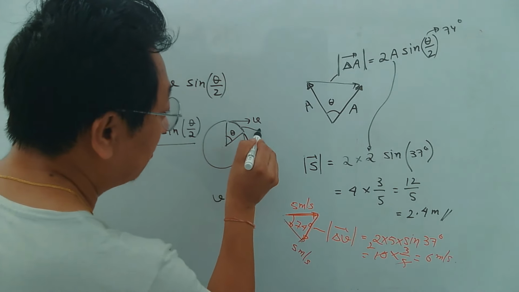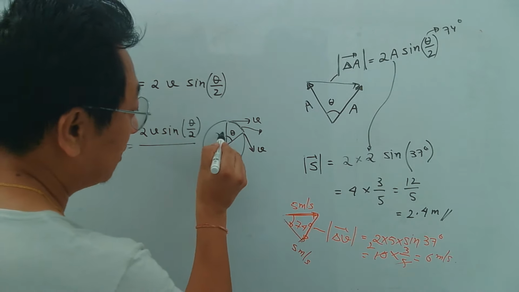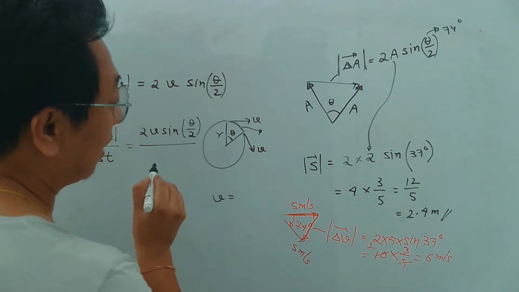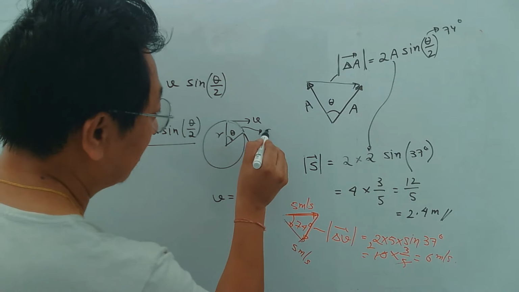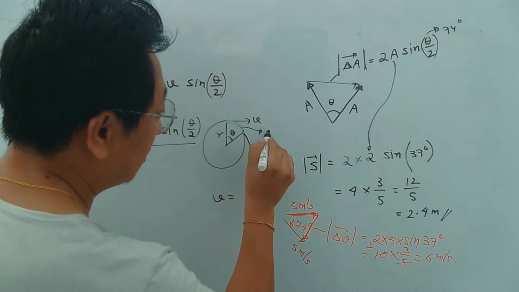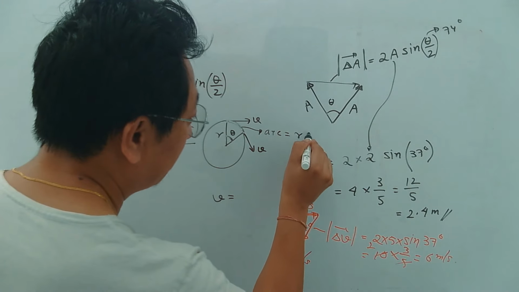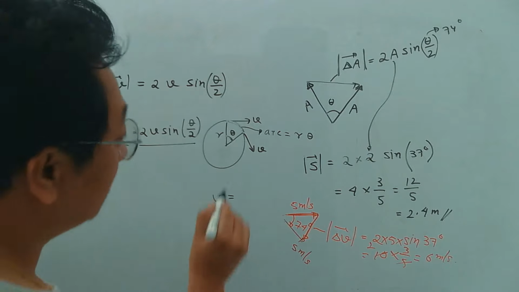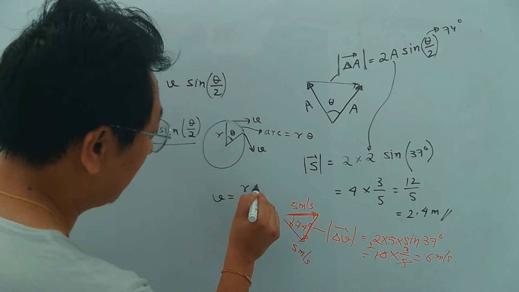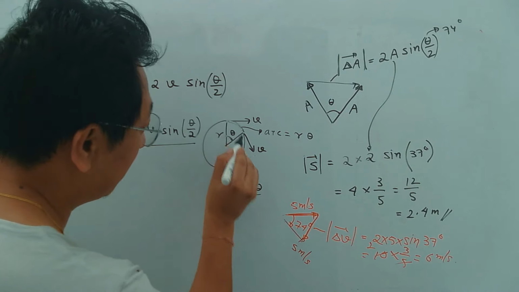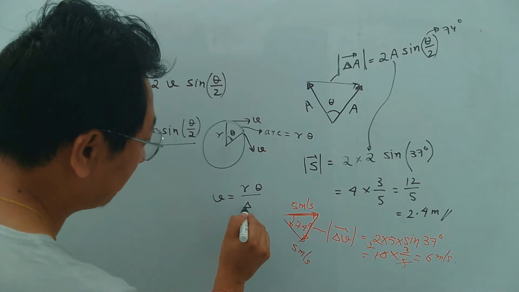And you know from mathematics that if the radius is r and the angle is theta, the arc length, which is nothing but distance, is r into theta. So this distance is r into theta, divided by the time taken from here to here, which is delta t only.